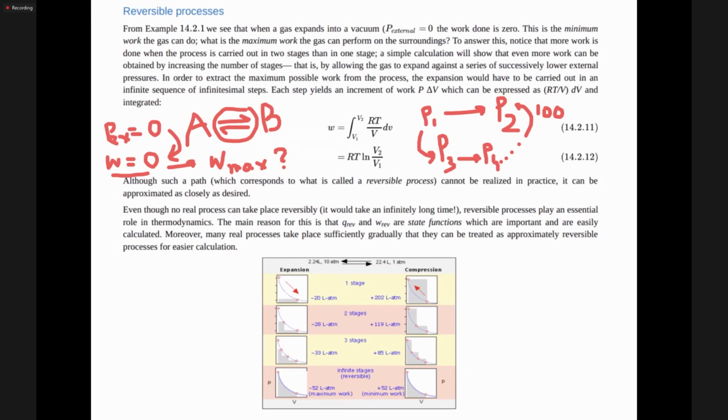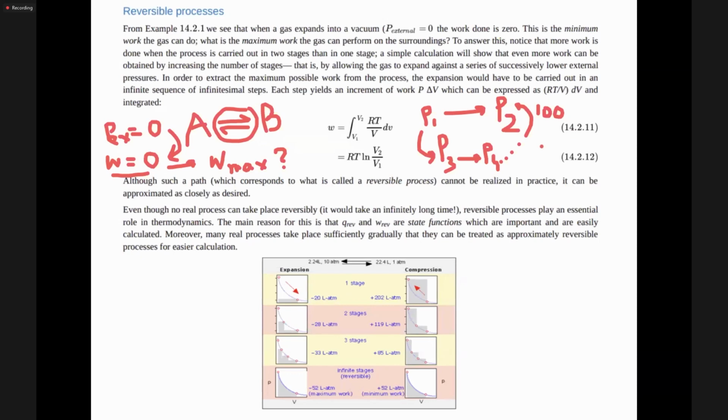And then the expansion would have to be carried out in an infinite sequence of infinitesimal steps. So here, these 1, 2, 300 are all finite numbers. But if I have to get the maximum work out of it, we will deal with an infinite number of steps.